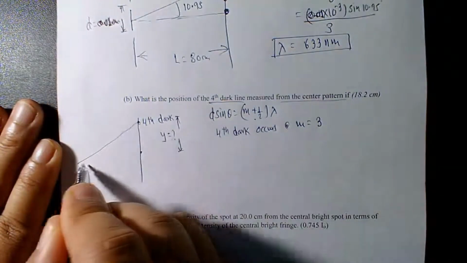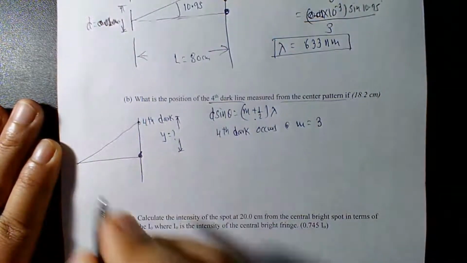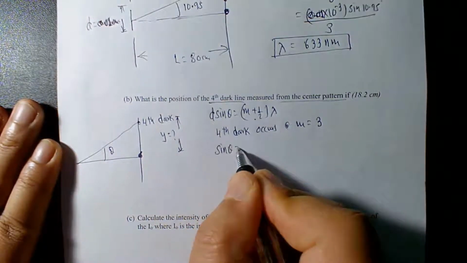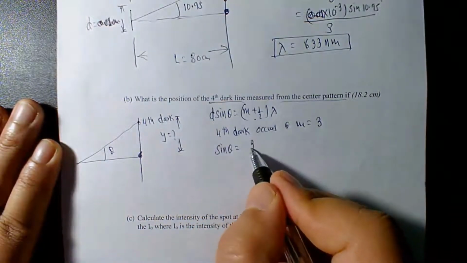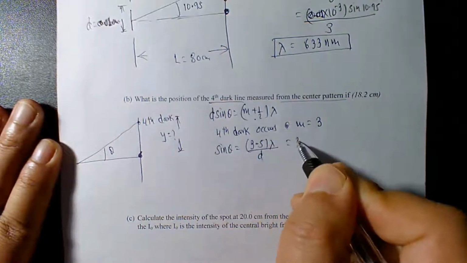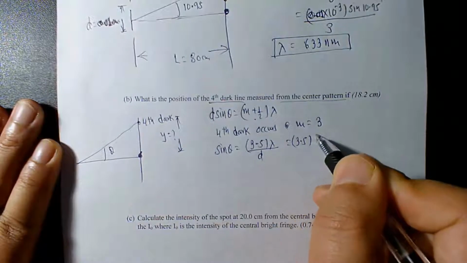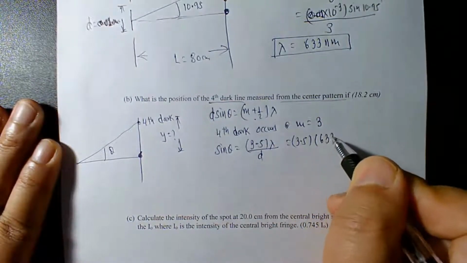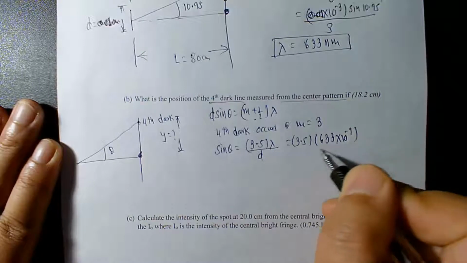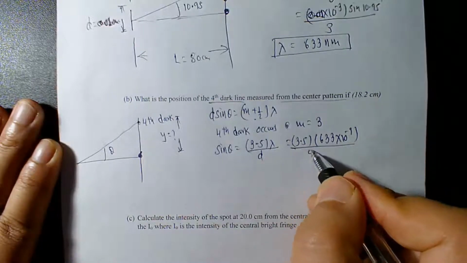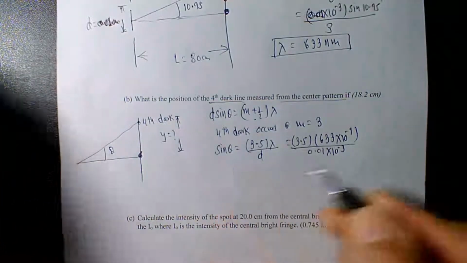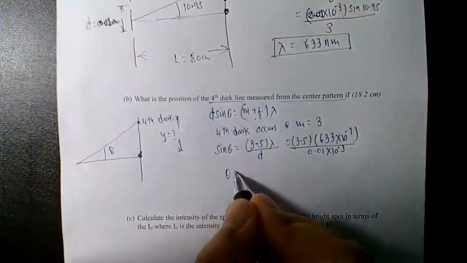For the fourth dark, sine theta is 3.5 times lambda divided by d. We already found lambda from the first part, 633 nanometers, divided by d, which is 0.1 millimeter. That gives your theta.